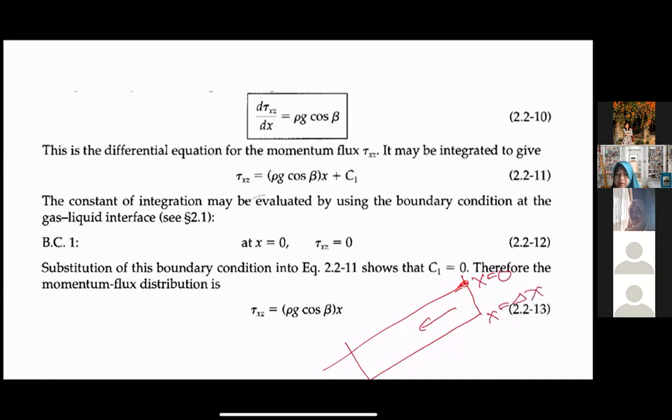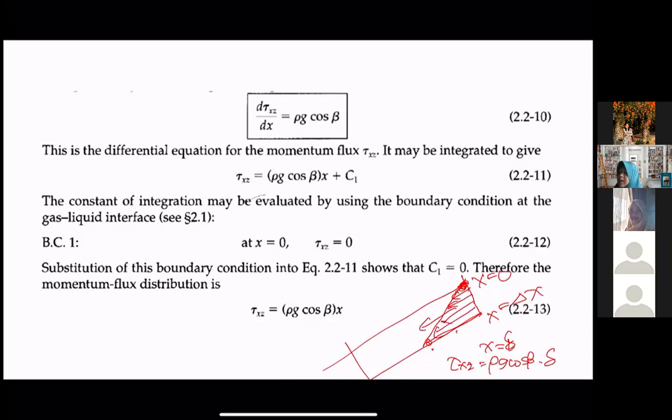At x equal to 0 there is no momentum flux, tidak ada gaya gesek. But when x equal to delta, let's say the thickness is delta, tau xz would be rho g cos beta multiplied with delta. So this is going to be the profile for the momentum flux distribution.